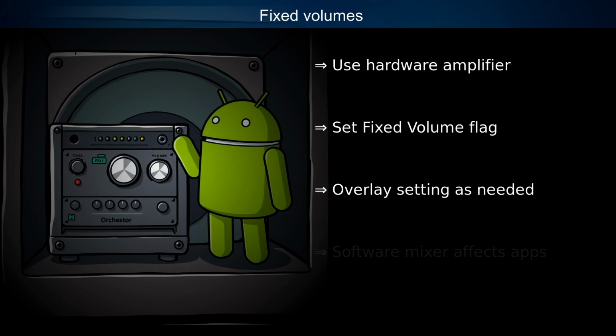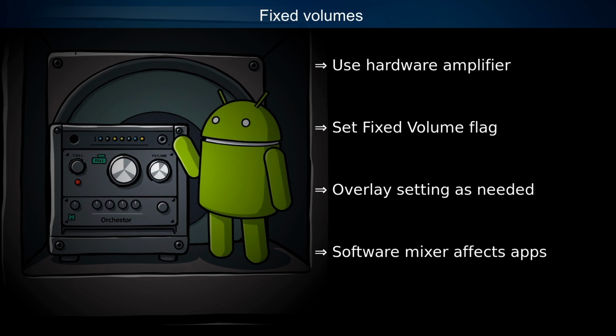Android Automotive audio implementations use a hardware amplifier to control volume instead of a software mixer. To avoid side effects, set the config_useFixedVolume flag to true. You can overlay this setting as necessary.